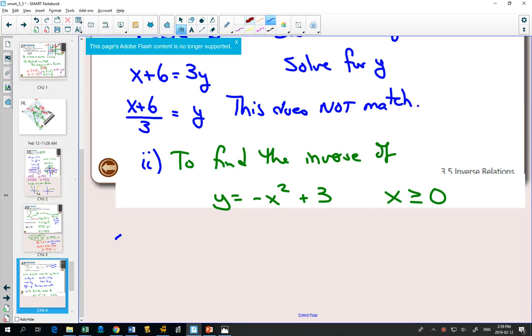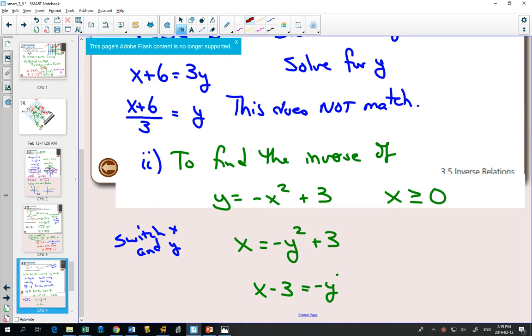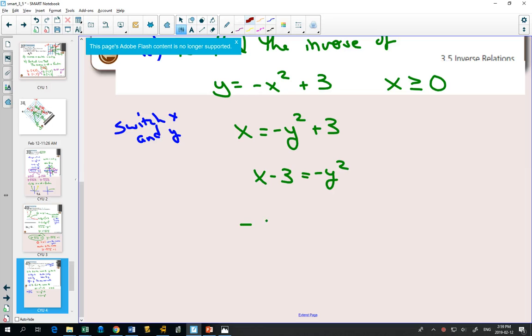We start off by switching x and y, just like everywhere else. So I get x equals negative y squared plus 3. Subtract 3 on both sides. Multiply both sides by a negative to get the item that's squared all by itself.